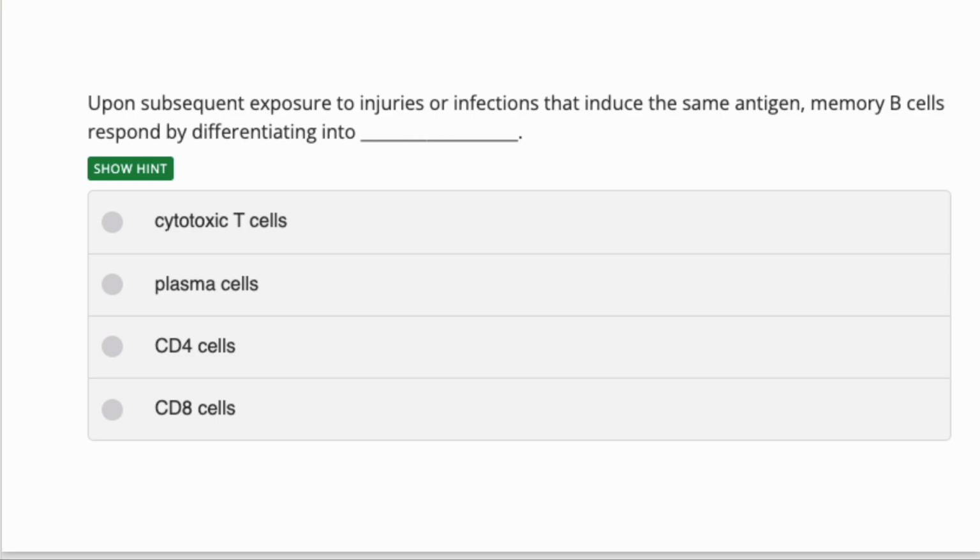Upon subsequent exposure to injuries or infections that induce the same antigen, memory B cells respond by differentiating into plasma cells, because B cells, when activated, can become either memory B cells or plasma cells. If you already have memory B cells, so it's a second exposure, then they differentiate into plasma cells to immediately start producing antibodies and fighting off that infection.